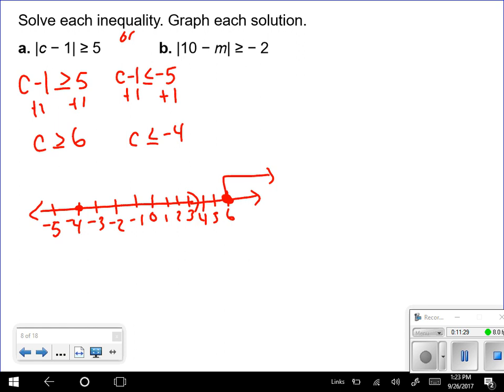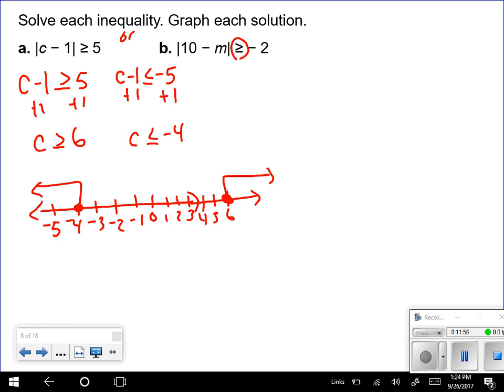And I have a closed circle at negative 4, and c is less than negative 4. So that is correct. Because remember, what this is saying is c minus 1 needs to be a greater distance than 5 away from 0. So all of these would be a greater distance than 5 from 0 when I figured out whatever is inside here. Okay, so go ahead and try B.